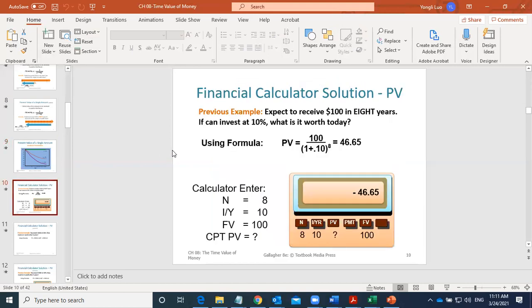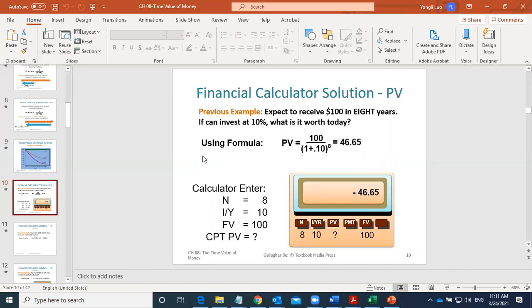I'm not sure whether you have a financial calculator or not. Do you have a financial calculator? No, okay. If you don't have a financial calculator, what you can do is just use Excel.